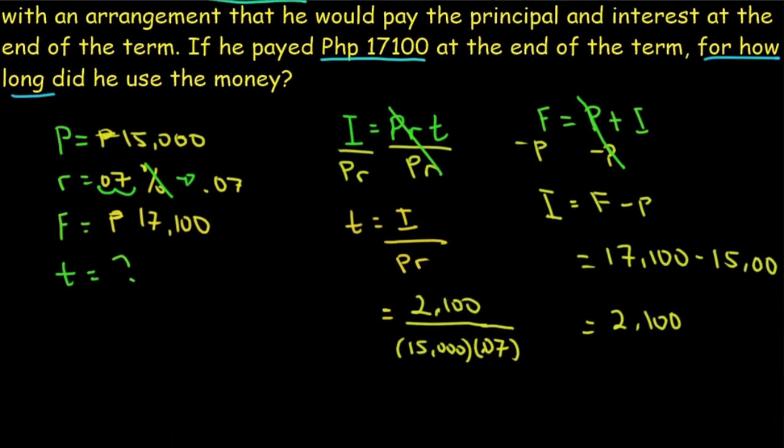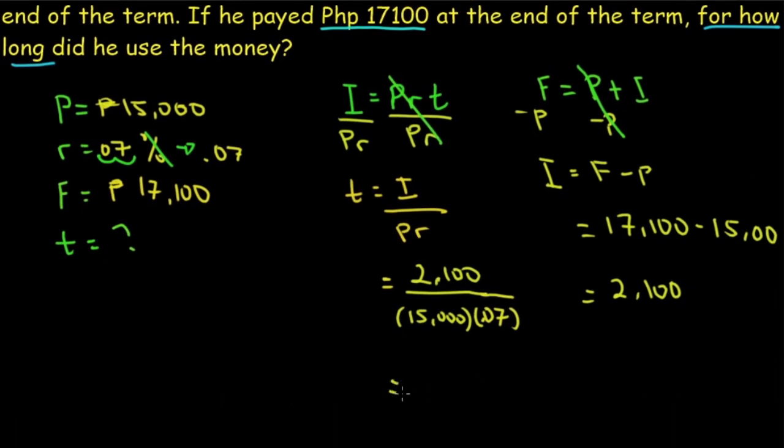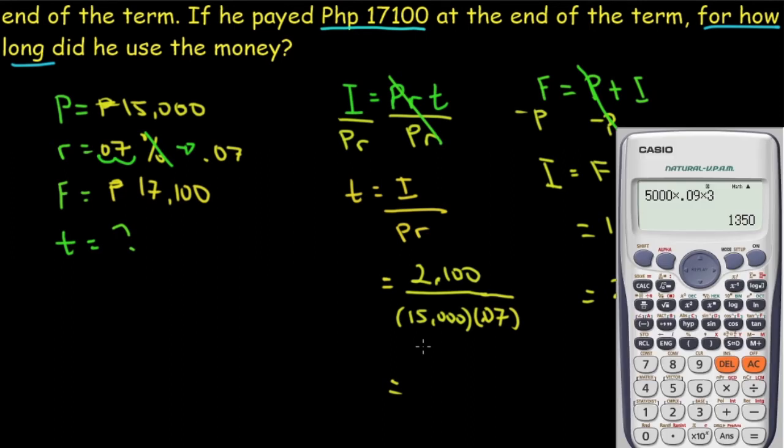Scroll down natin. Unahin natin i-multiply yung denominator bago tayo makapag-divide. So let's again bring out our calculator. And let's multiply 15,000 by 0.07. So we have 1,050. Sulat natin.